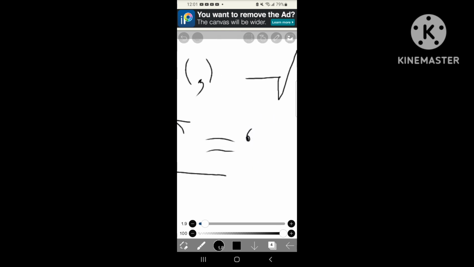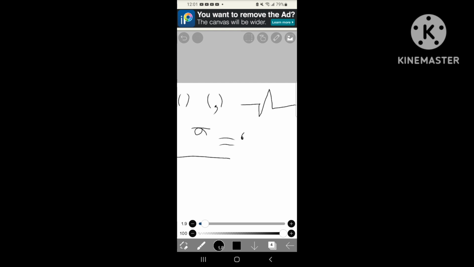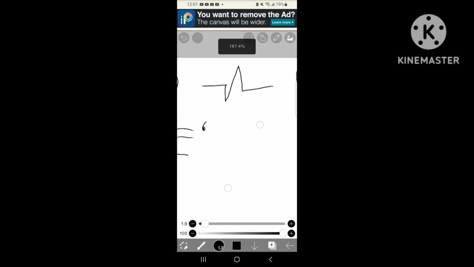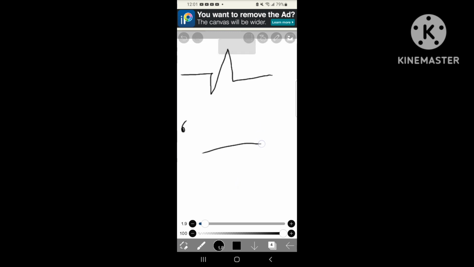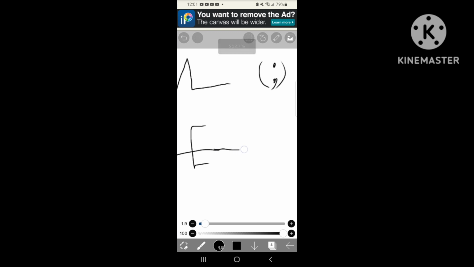So this symbol, I forget what this one is called, but it's that weird backwards, upside down comma thing. If someone can tell me in the comments, I would like to know.